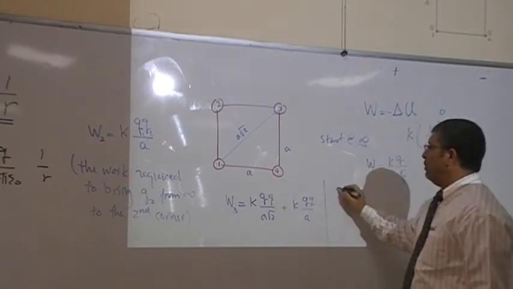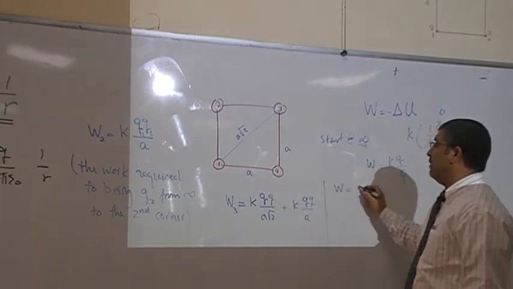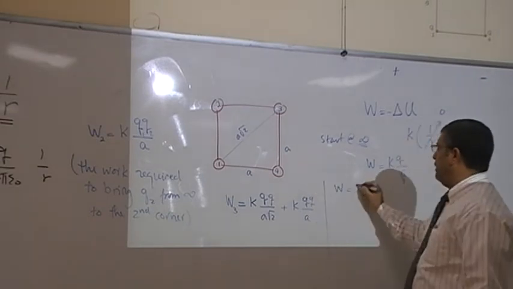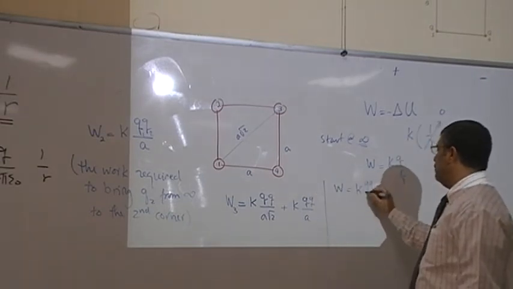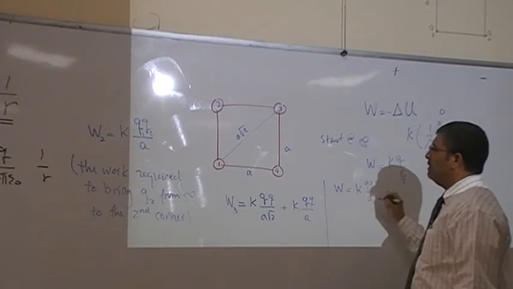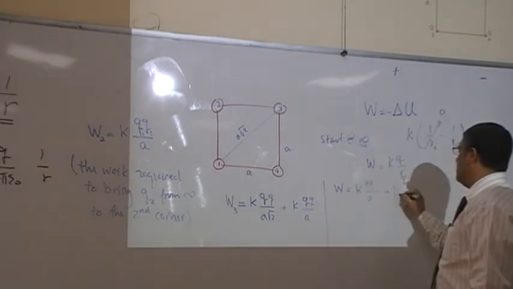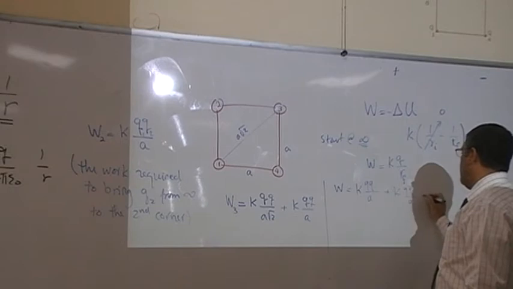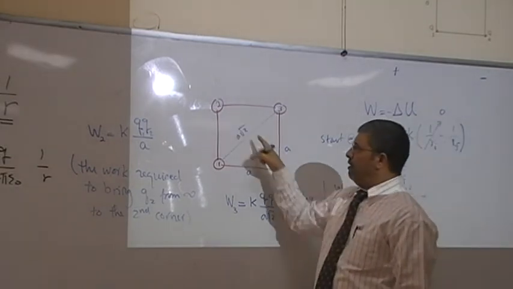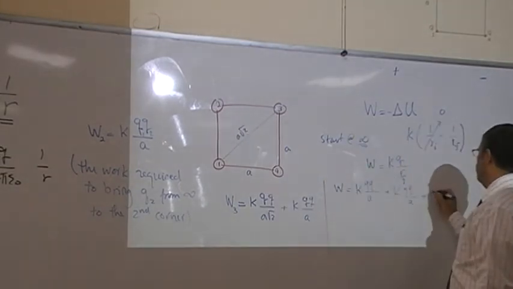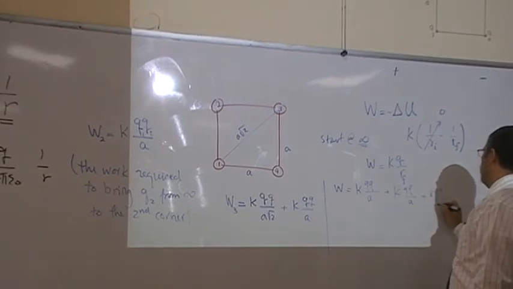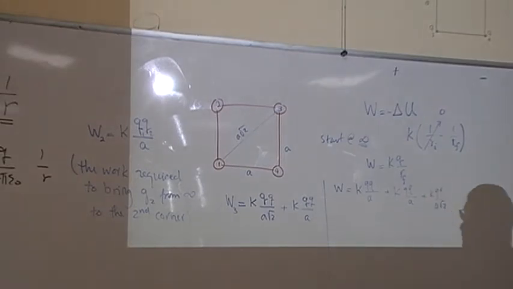So the work is equal to, again, what we've calculated: K, Q divided by A, plus K, Q divided by A, plus K, Q divided by A square root of 2.